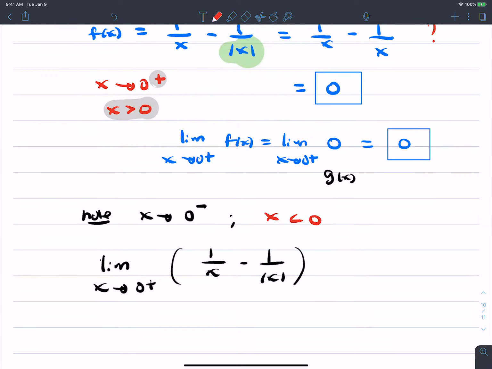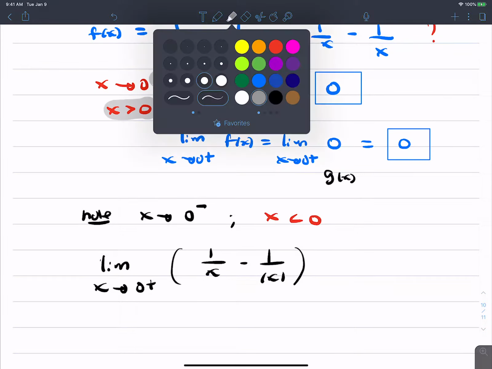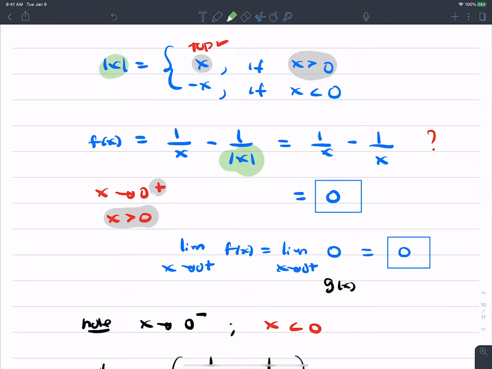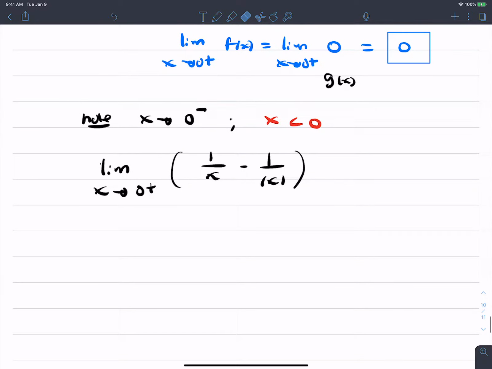All those numbers are negative. And in that case, yes, we need green for the bottom. The absolute value gets replaced with a minus x down here.